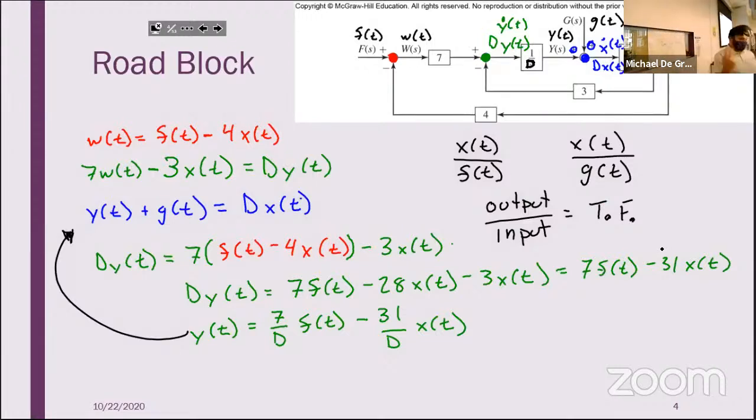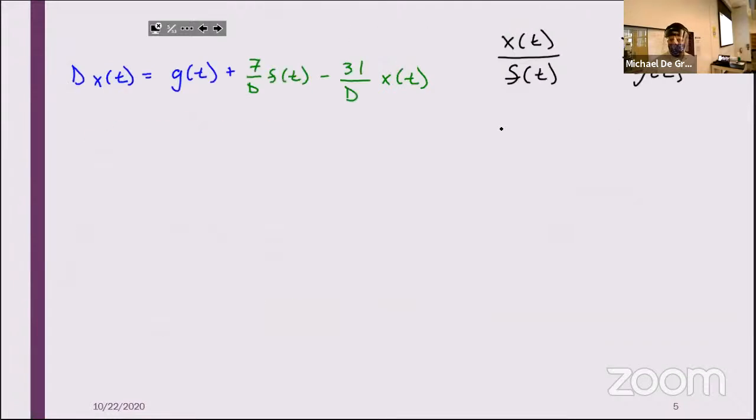So I need as many transfer functions as I have input-output pairs. That's what we're looking for: the transfer function with respect to f as my input and the transfer function with respect to g as my input. Let's keep going here.